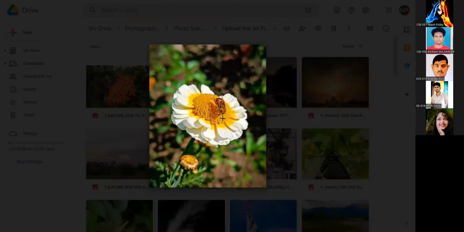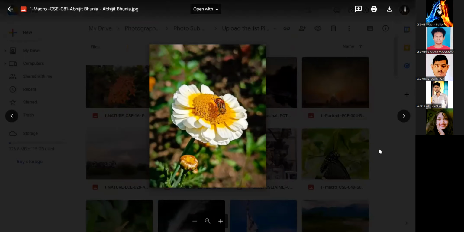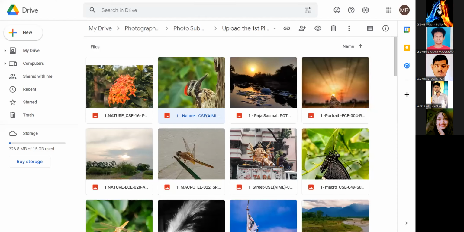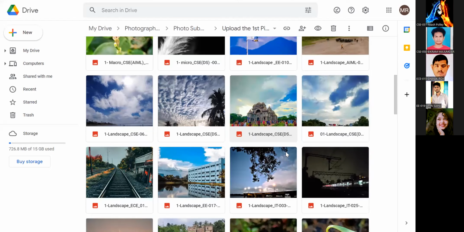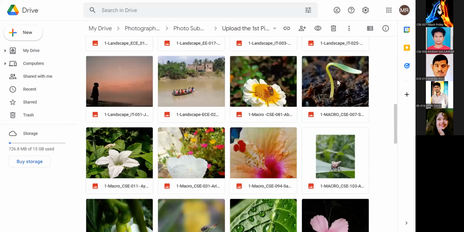Otherwise, the image will not be presentable on PPT during the presentation. Okay, so your picture is good, but it does not have a very good resolution. Okay, I'll be moving to another nice picture.